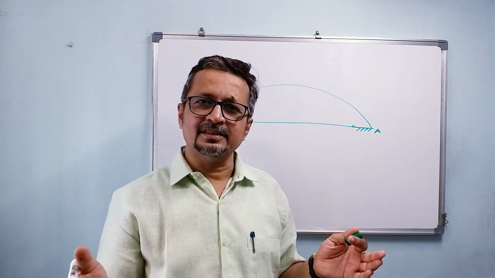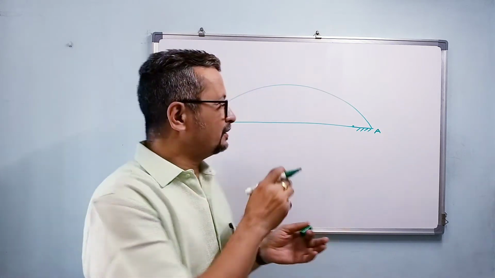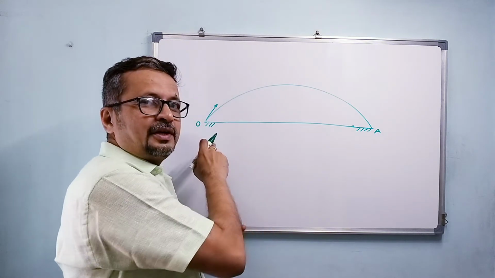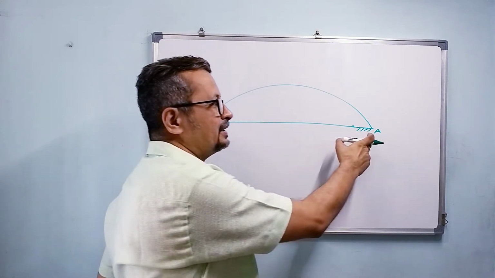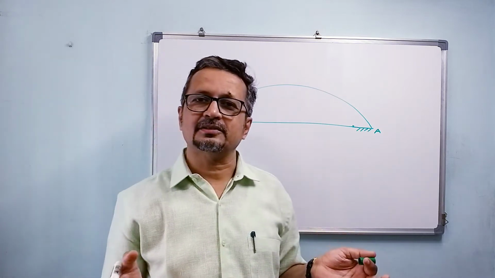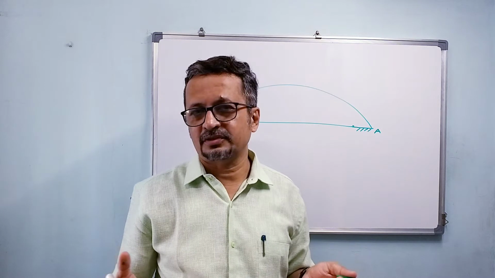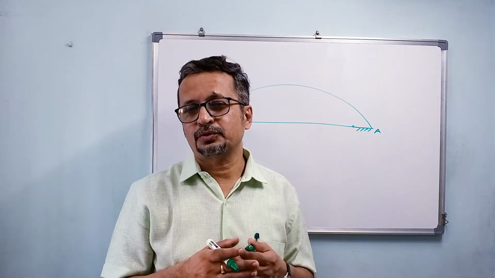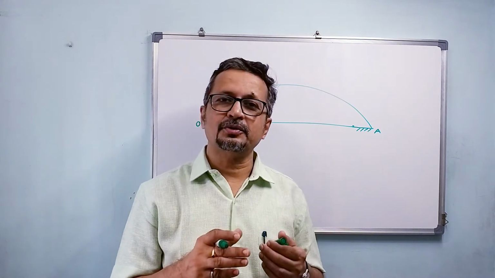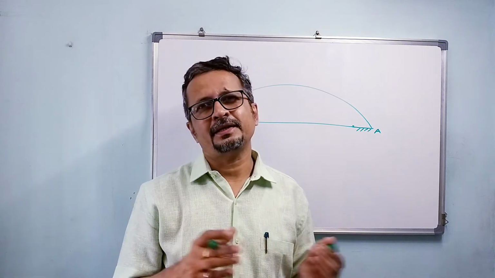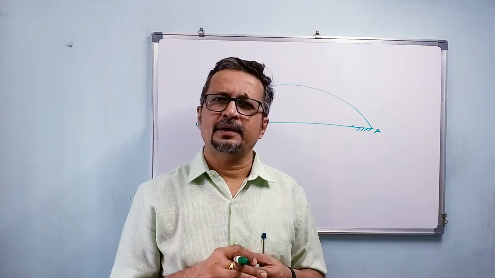The distance between the point where I am kicking the ball and the goalpost is negligible compared to the circumference of earth. So obviously I am going to ignore the curvature of earth.